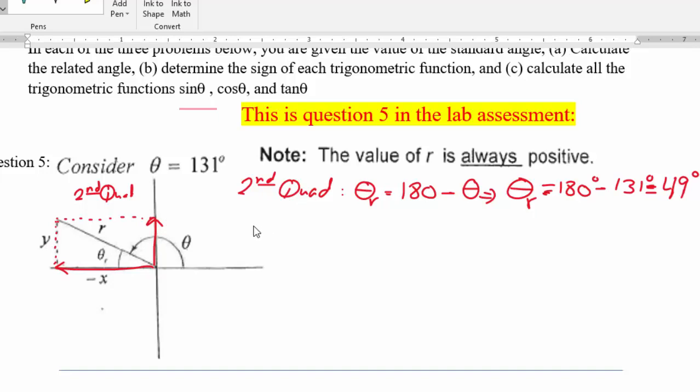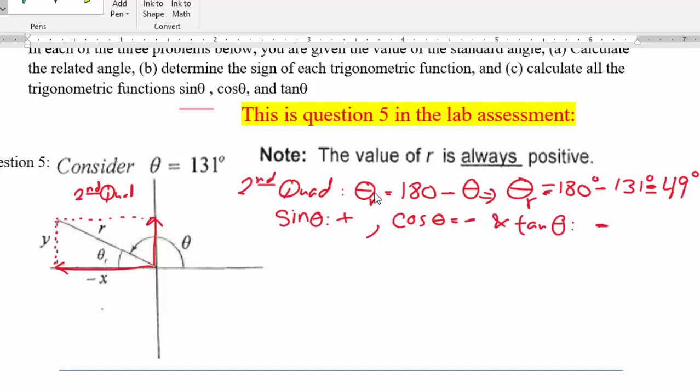Hence, the only trigonometric function that will be positive is the sine, because sine is the opposite over the hypotenuse, and the hypotenuse is always positive. You can see here the note that r is always positive. So sine theta will be positive, while cosine theta and tangent theta will be negative.